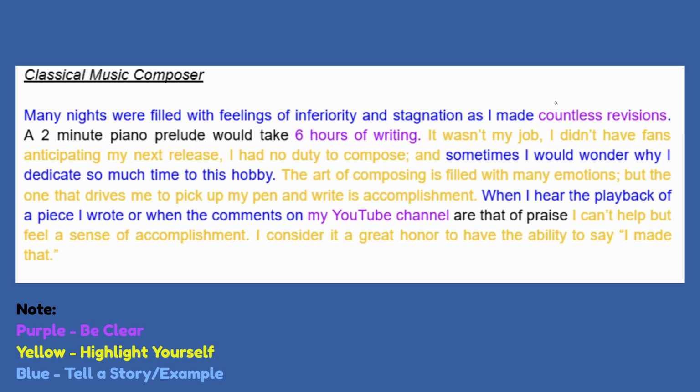And this may not seem like clear language, but being clear, as I said, also just means painting a picture. It means allowing the reader to easily visualize what you are doing. In the context of this story that I'm giving, I used the word countless because I felt that was more clear, because I am not sure that the reader knows what 25 revisions of a piano prelude looks like. So I chose not to quantify those numbers.